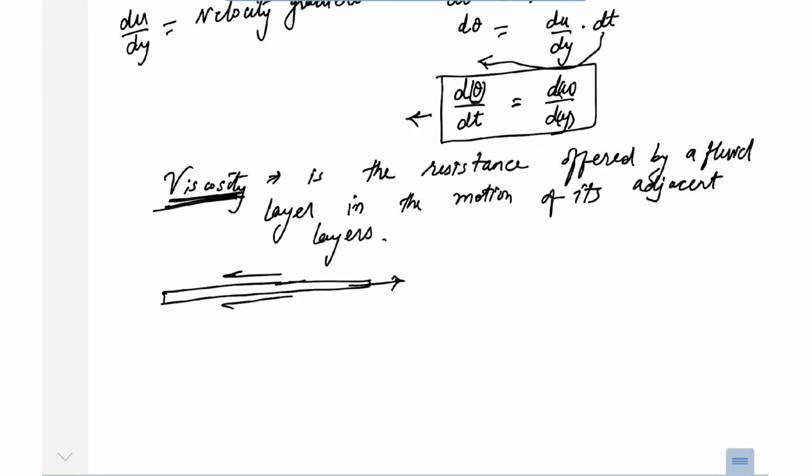Now moving ahead to the basic concept of viscosity, I ask you the question: why is this viscosity actually arising in a particular fluid? So the answer is that there is a resistance to flow, and the basic reason behind this resistance can be the force of attraction between those two particles, and hence you can say that viscosity is due to the force of attraction, which acts between the particles of the same fluid.